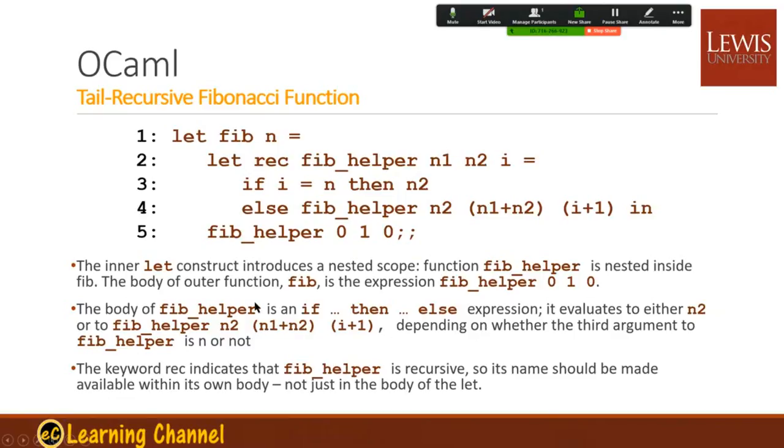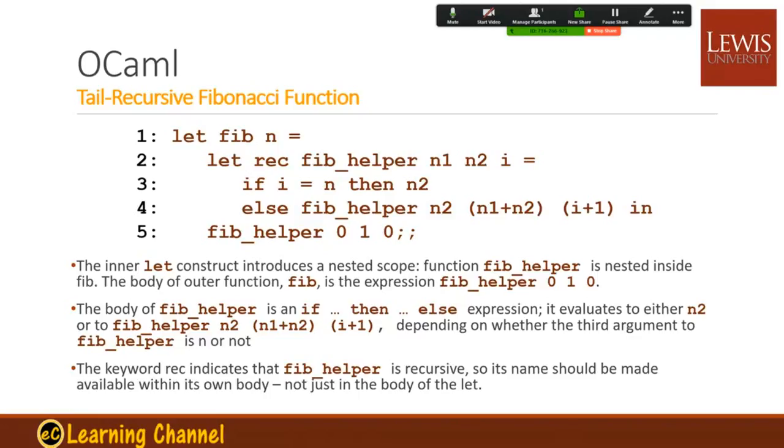The body of fib helper is an if then else structure. It evaluates either fib helper n2, parenthesis, n1 plus n2, or i plus 1, depending on whether the third argument to fib helper is the desired Fibonacci number or not.